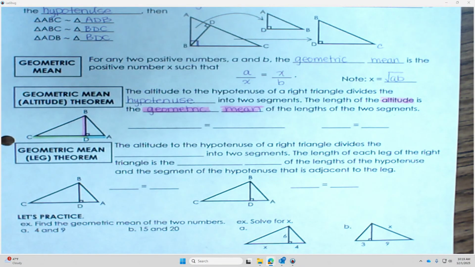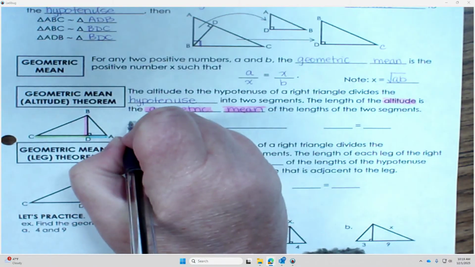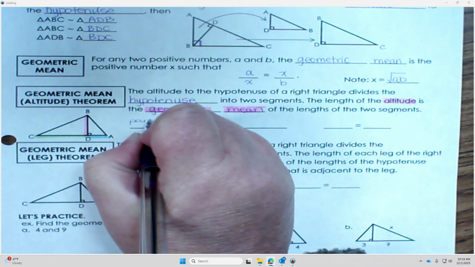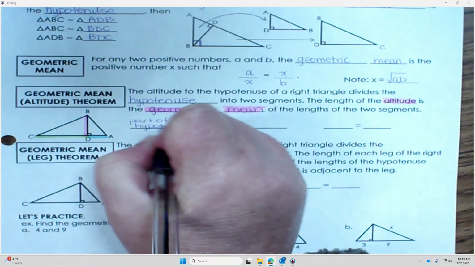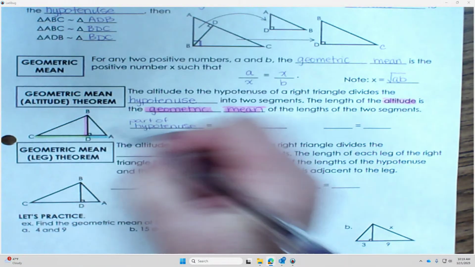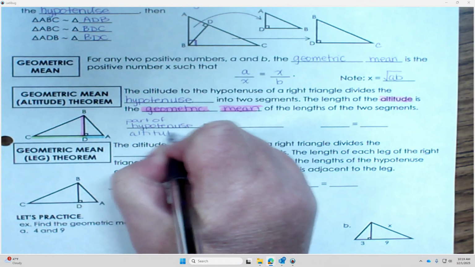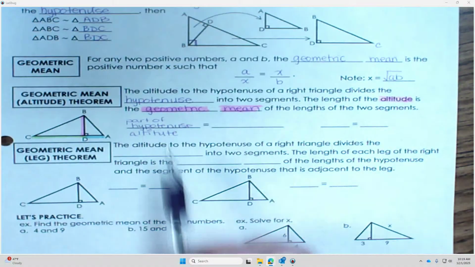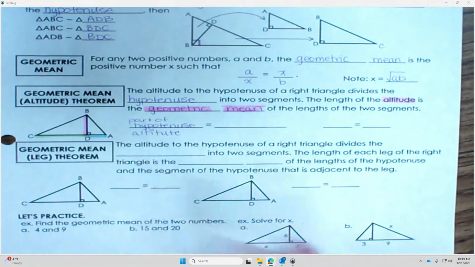Okay, so we're going to say segment 1, which we'll call part of hypotenuse, and we're going to divide that by the geometric mean, which in this case is the altitude. So this is the same formula we're using here: number divided by the geometric mean.